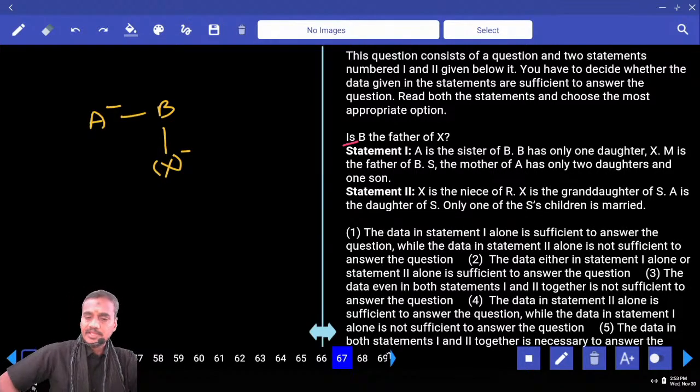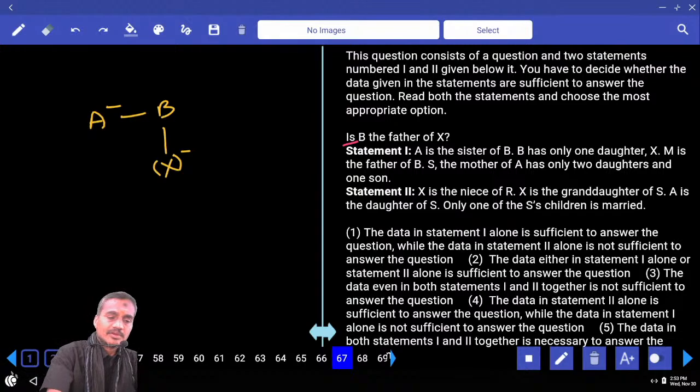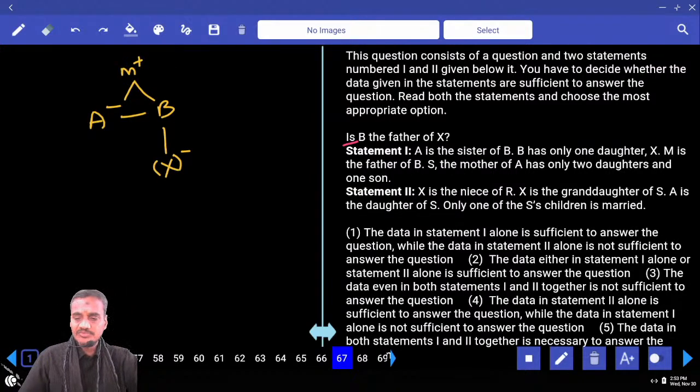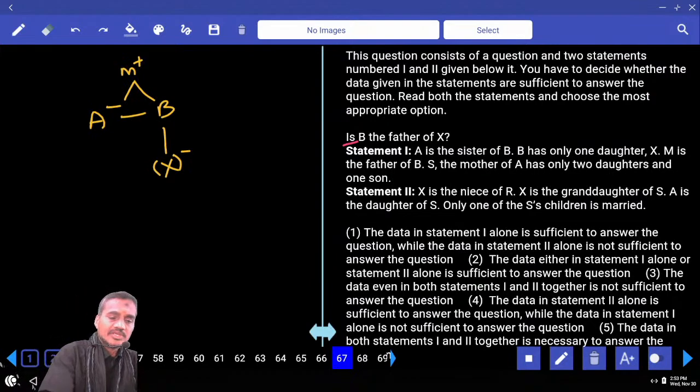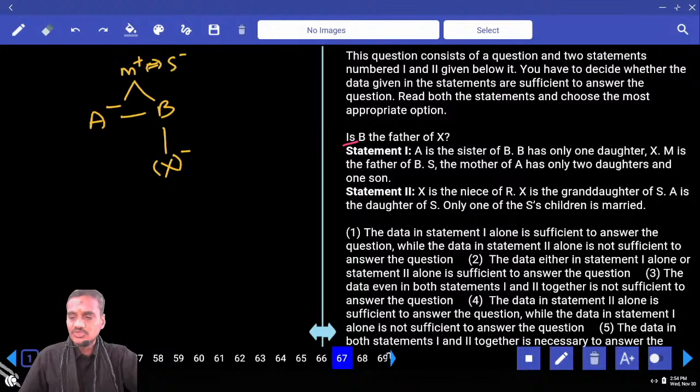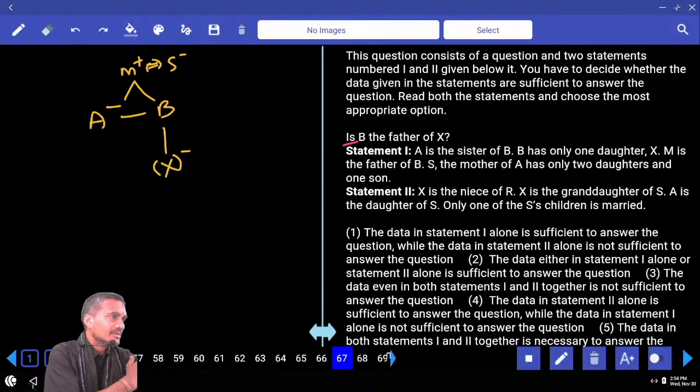Then M is the father of B. Now M is the father of these two persons, A and B. S is the mother of A, and S has only 2 daughters and 1 son. With the help of this, are we getting any answer? Now B can be the father or the mother, isn't it? Hence, 1 alone is not sufficient.